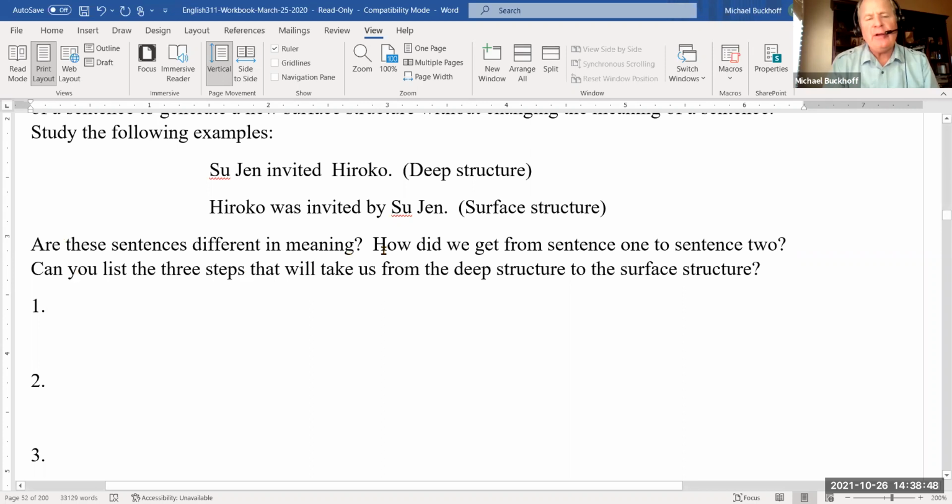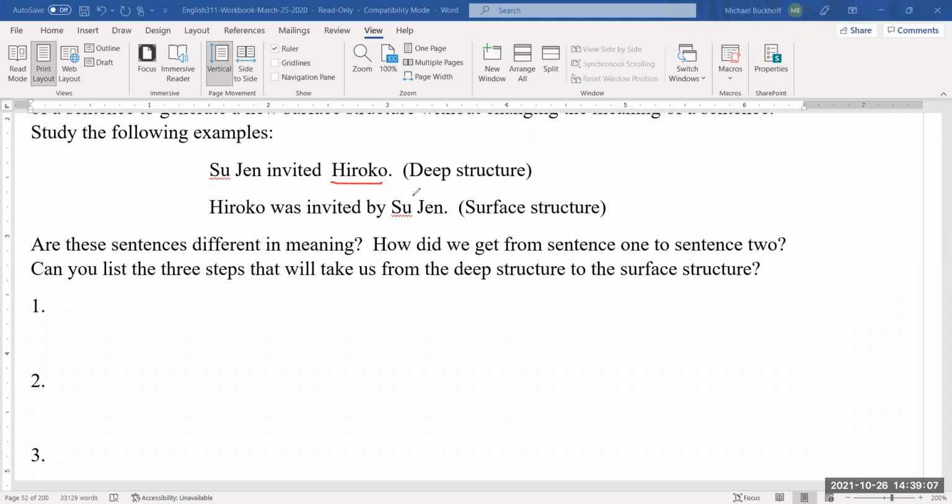So we can say that. So now the question is, how do we get from sentence 1 to sentence 2 here? How do we do this? What's the first thing that we did here? What do we do with Hiroko here? It got moved to the beginning of the sentence. That's it, right? So we have that.